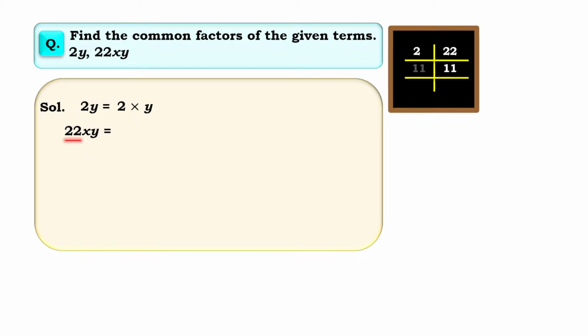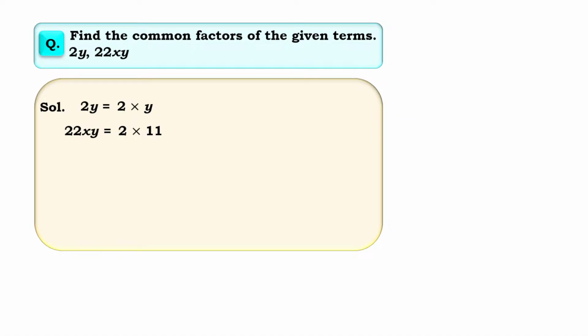So 11 divides 11, 11 ones are 11. So the factors for 22 are 2 into 11. And we have the variables x and y, you can write them as x and y.